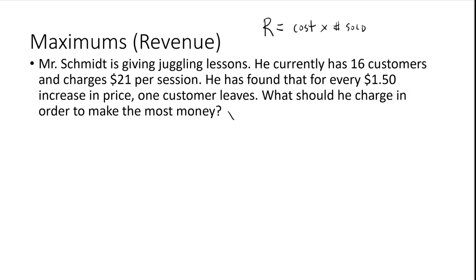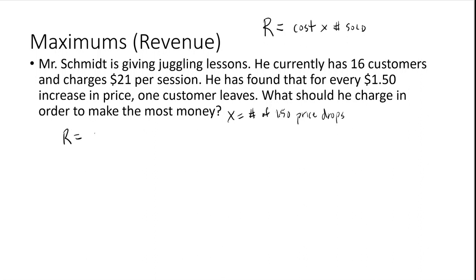So we're going to say x is the number of $1.50 price increases. Keep in mind that this number of $1.50 price increases is the same number as the number of customers that are leaving.